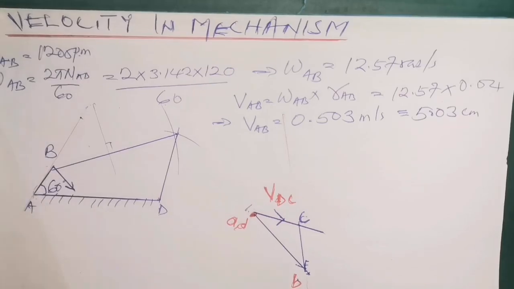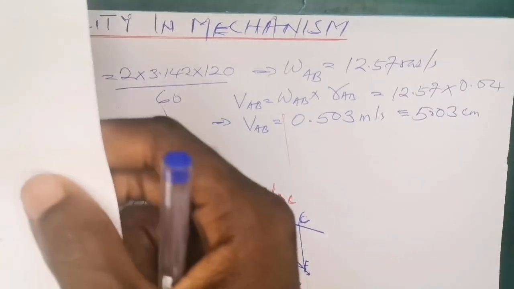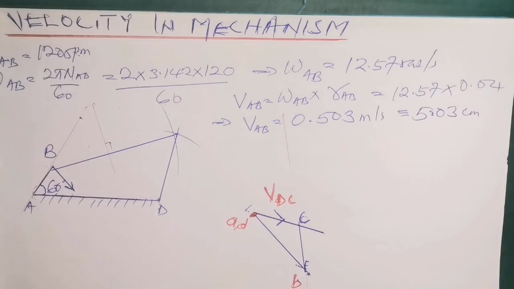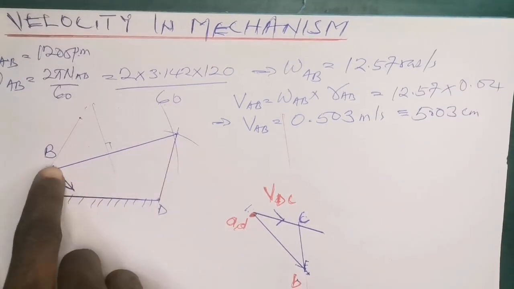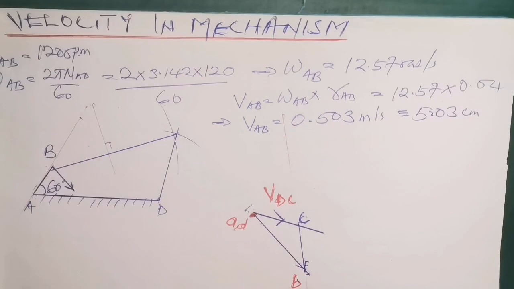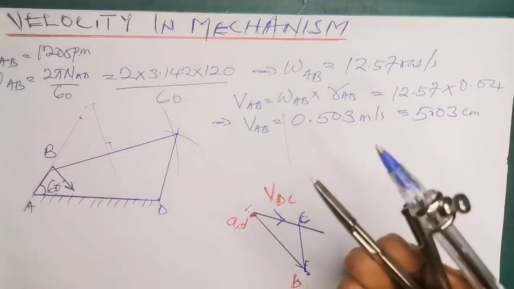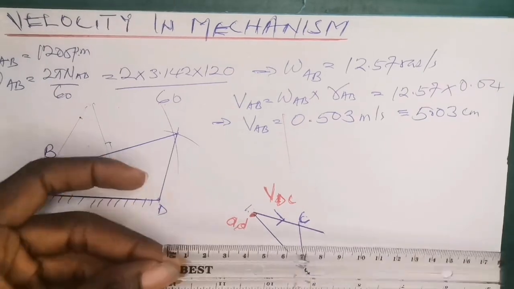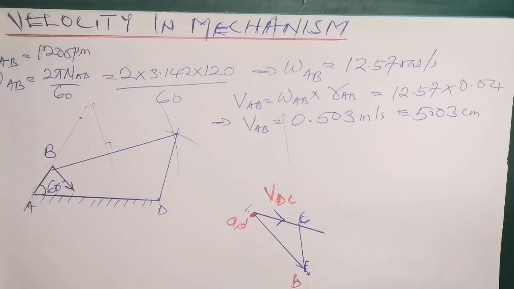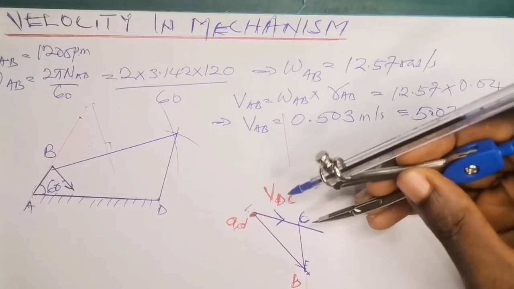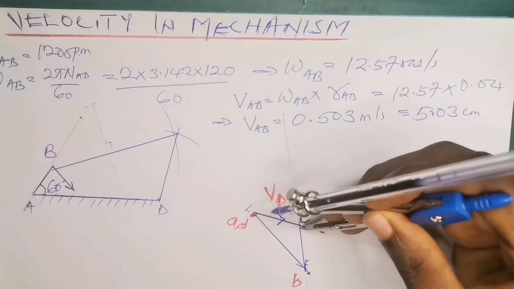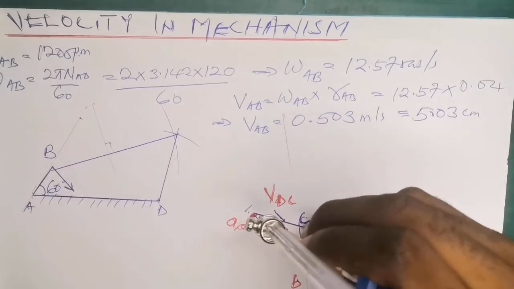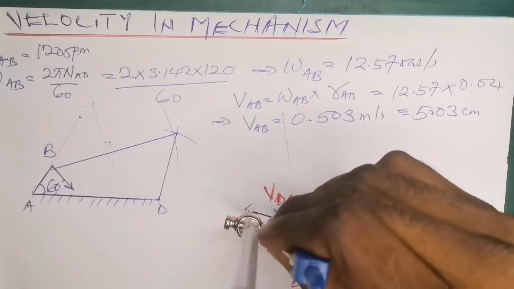All right, so the question says we should find the angular speed or the angular velocity of link CD. In order to find the angular velocity of link CD, we have to first of all find the velocity from point C to D. So simply use your protractor. You can easily use your meter rule as well, but I prefer the protractor because it's quite easier for me. Measure the total distance from point C to point D, which is here.